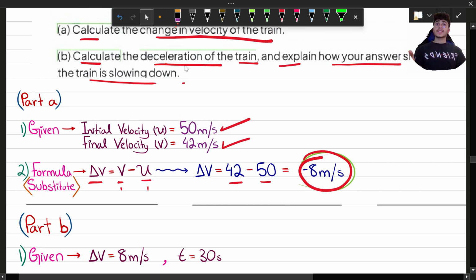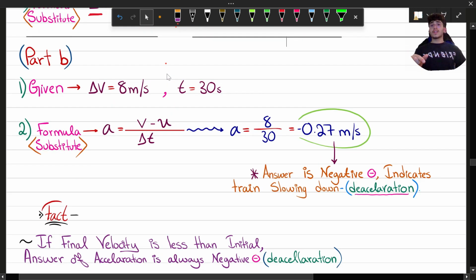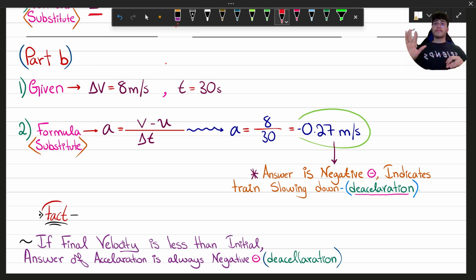Now calculate the deceleration of the train. We know the formula for acceleration is v minus u over change in time, final minus initial over change in time. We have found the change in velocity, which is negative 8 meters per second. We know that the time is 30 seconds.